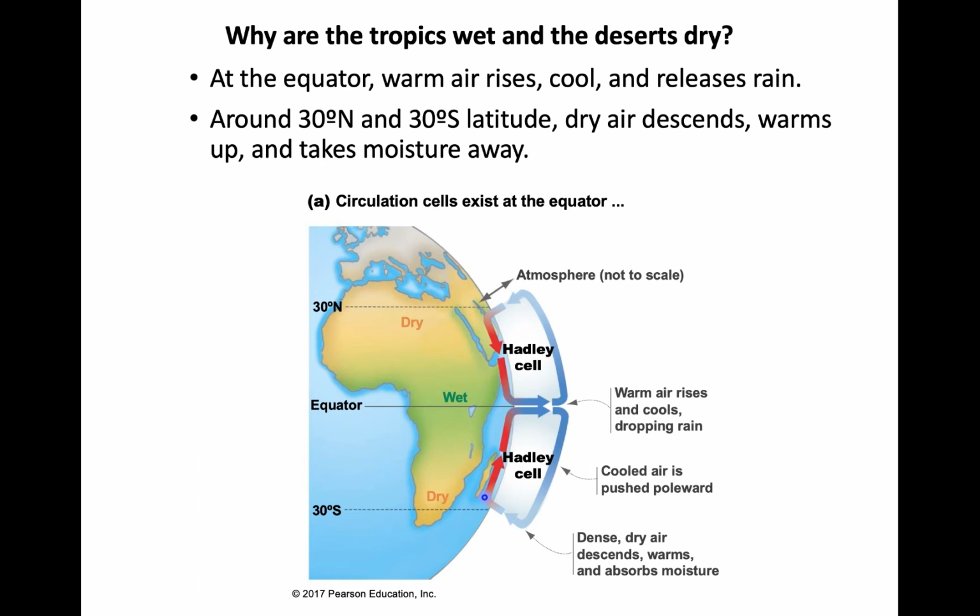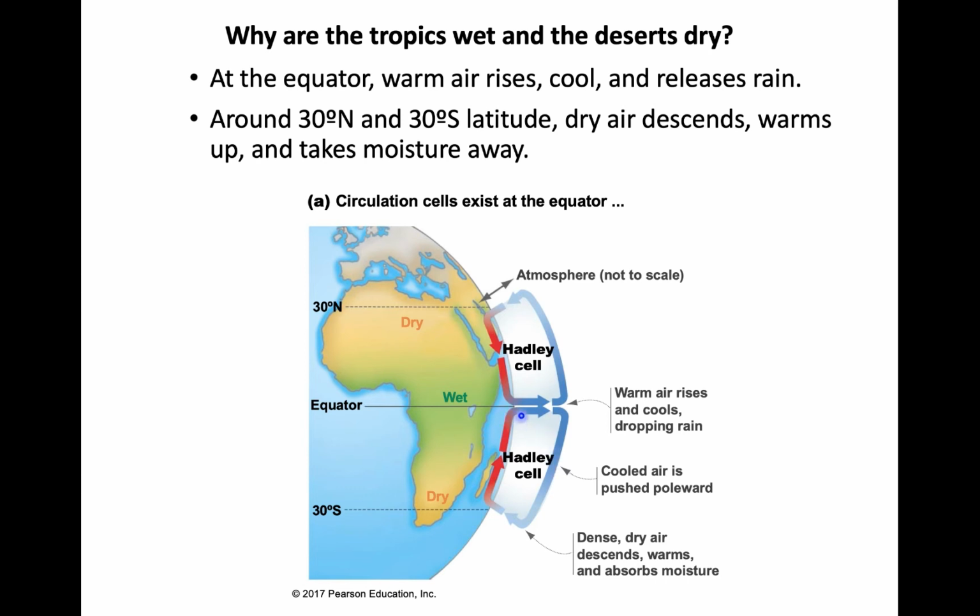Because it's dry, then it absorbs any moisture that it meets when it comes down to the surface, so it makes the land even drier, as well as not even dropping any rain, moves along that land, warming up until it reaches the equator, at which point it rises again, drops the moisture that it has absorbed, and the cycle continues.